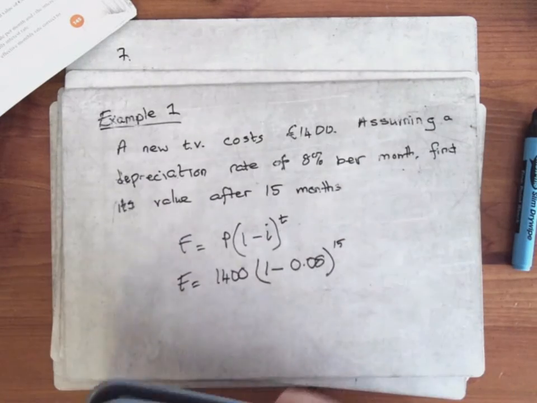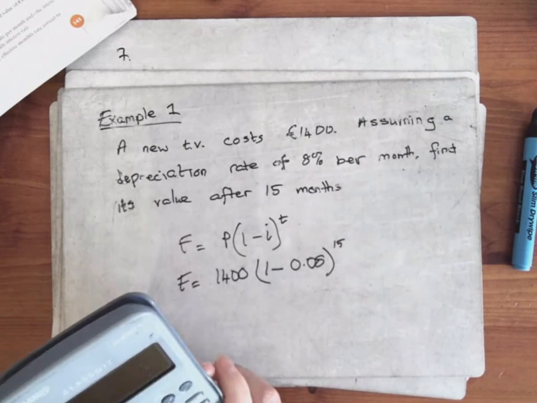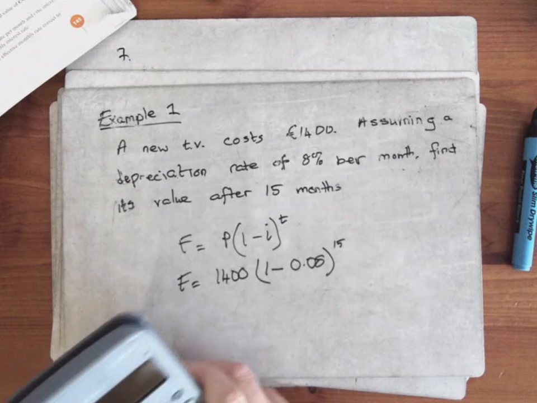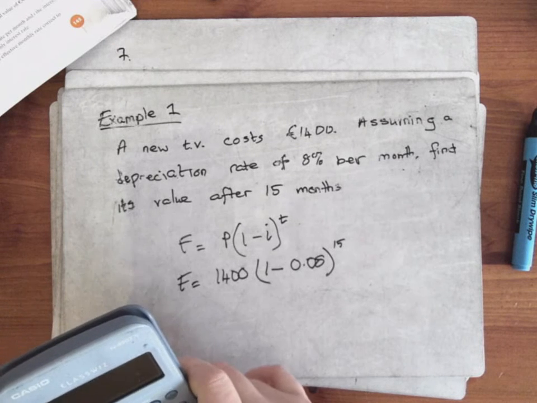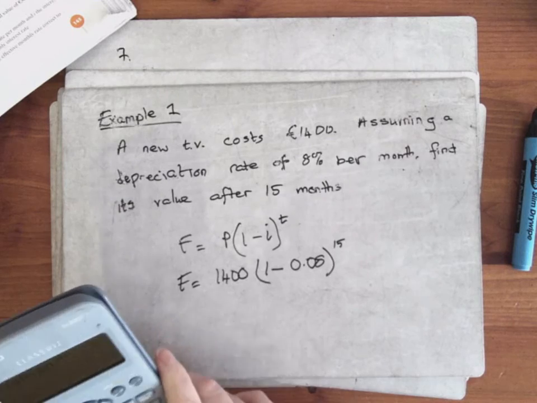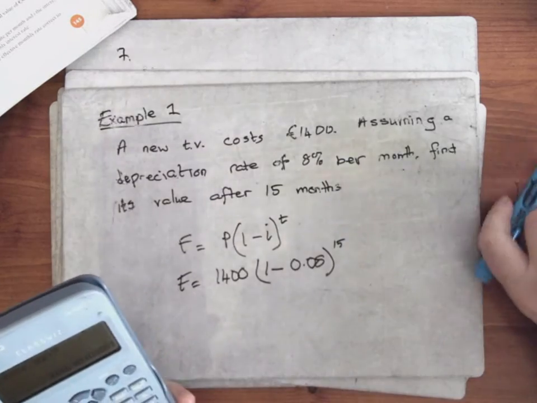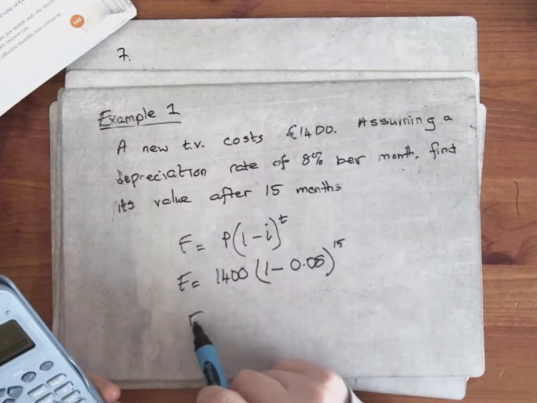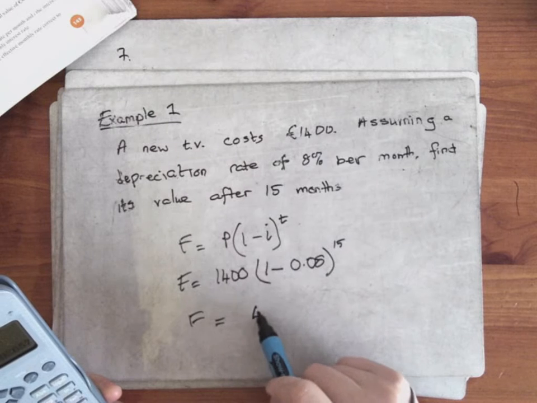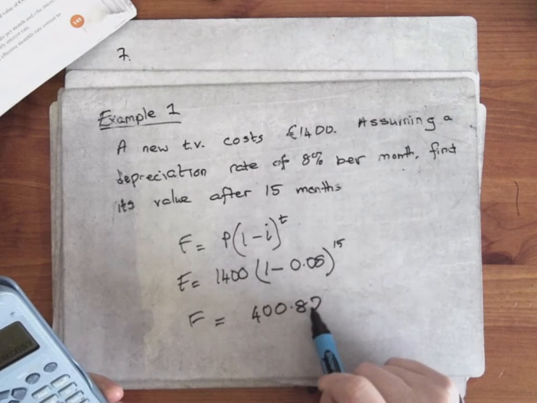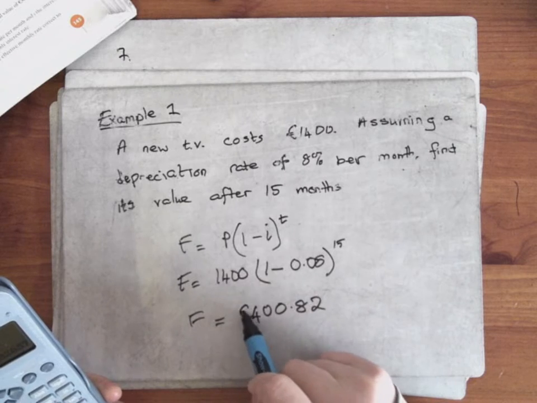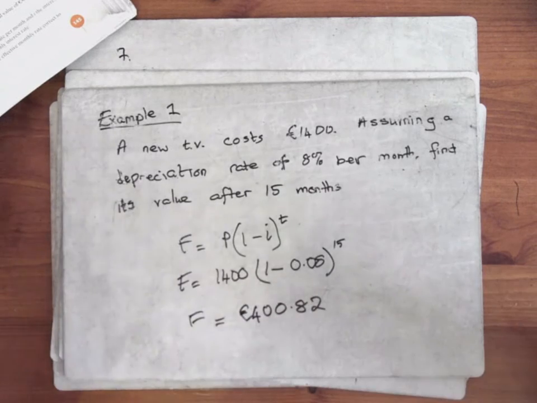Okay, so into the calculator with that, that's 1,400, open bracket, 0.92, close bracket, to the power of 15 equals 400.82 rounded to 2 places of decimals, because it's money. Even though they don't tell you 2 places of decimals, when it's money you round to 2 places of decimals. Okay, right, is that okay? That's just a straightforward filling out the formula.